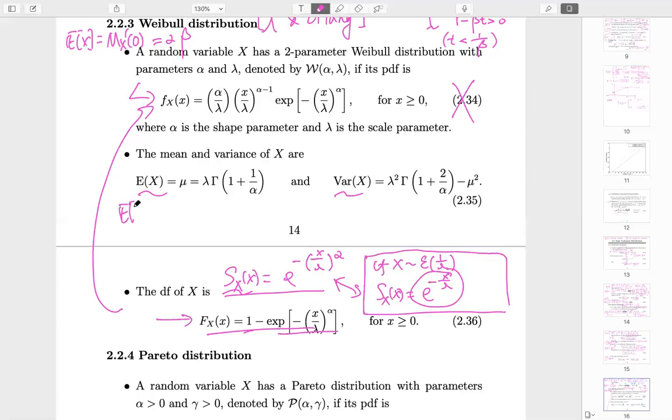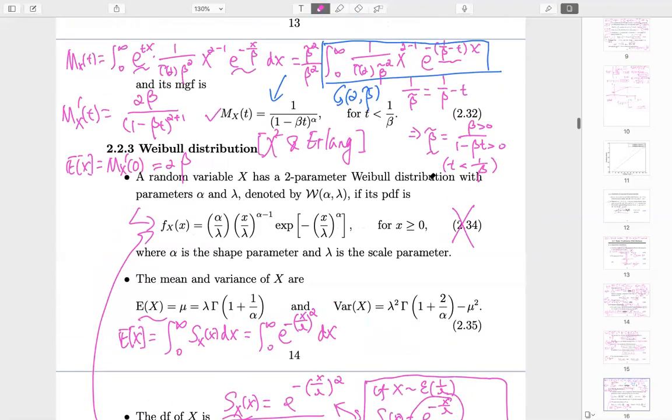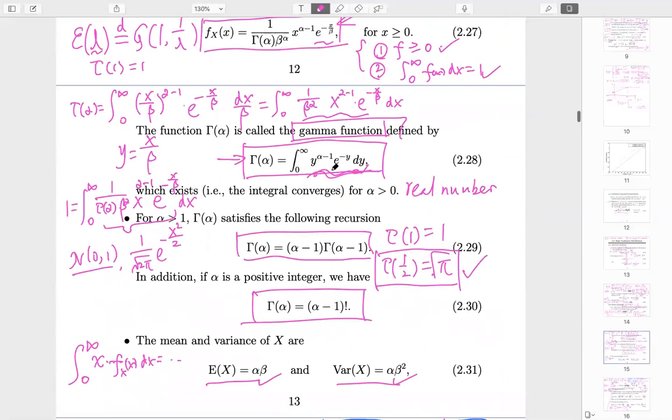What I would suggest is to remember an important result we proved in the previous lecture. Here I have e to the negative x divided by lambda to the alpha power. Let's remove the dx. This is not that easy to show, but obviously you can see it can be connected to the gamma function.